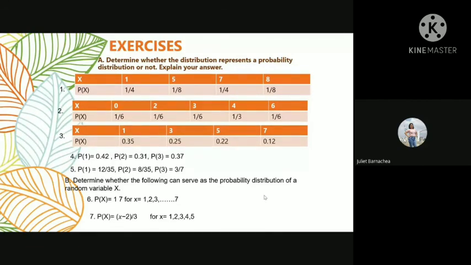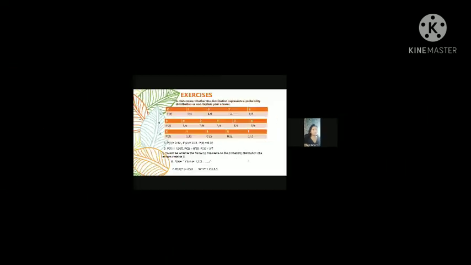The direction is to determine whether the distribution represents a probability distribution. Explain your answer. Magtatawag ako mamaya. Kuha ng papel, ballpen, calculator. Okay? Mag-check na rin kayo ng mga sarili ninyong sagot. Honesty is still the best policy. Are you ready?